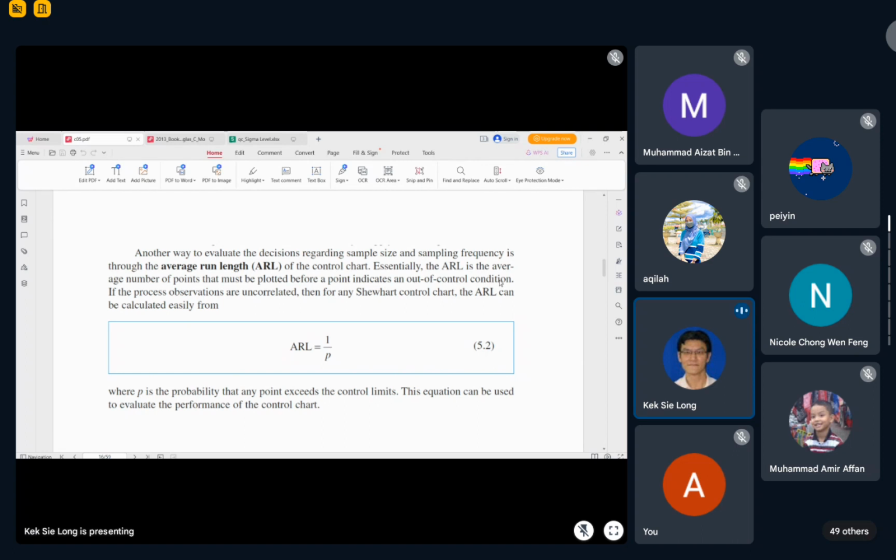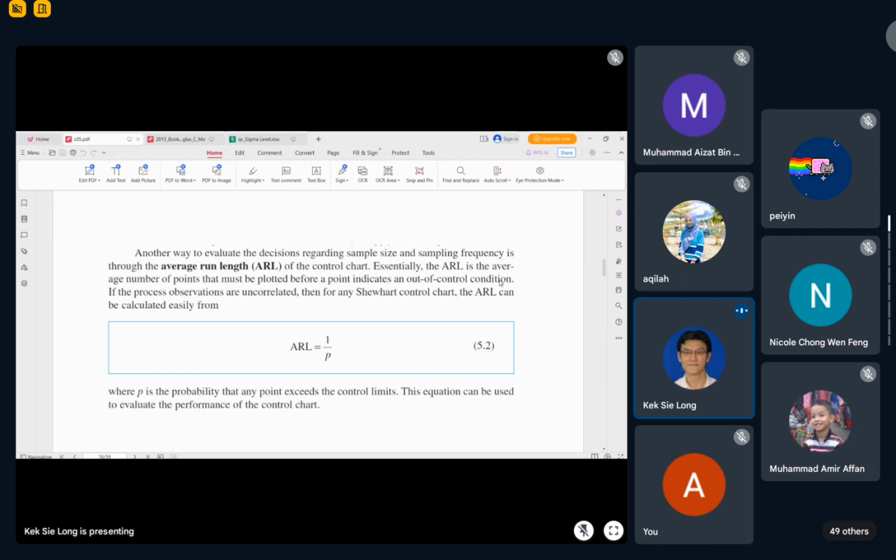So the ARL tells us the average number of points we should have before we notice a point outside the control limit.